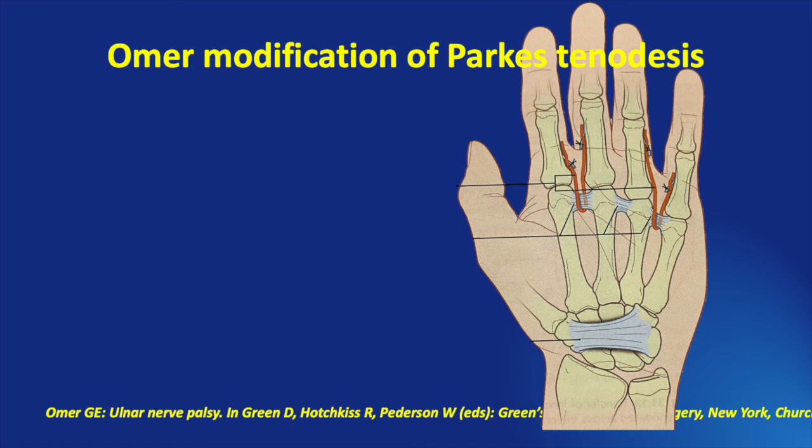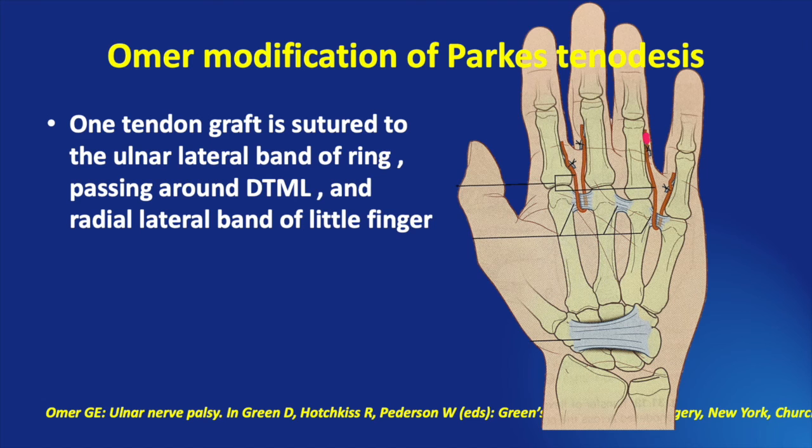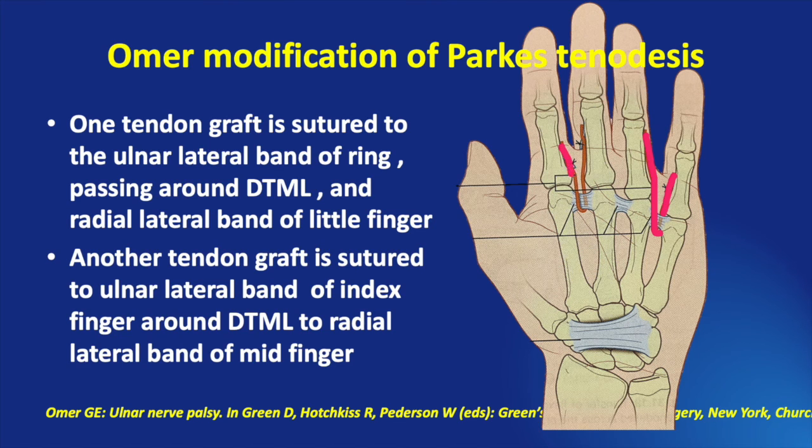In the Omer modification of the Park stenodesis, one tendon graft is sutured to the ulnar lateral band of the ring finger, passed around the deep transverse metacarpal ligament, and sutured to the radial lateral band of the little finger. Similarly, another tendon graft is sutured to the ulnar lateral band of the index finger, taken around the deep transverse metacarpal ligament to the radial lateral band of the middle finger.